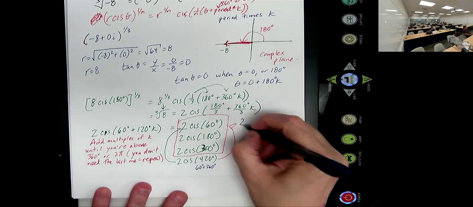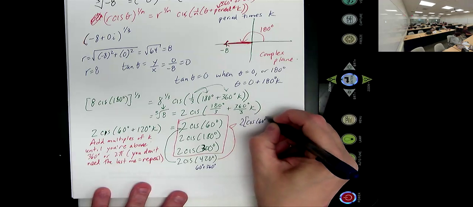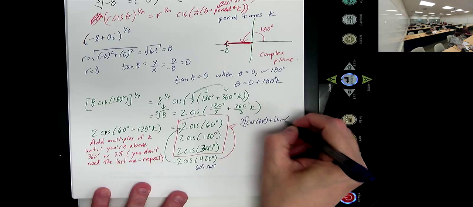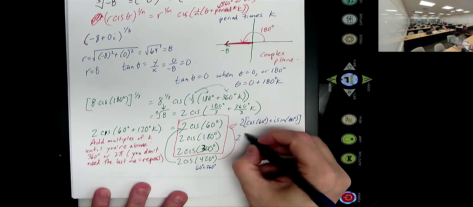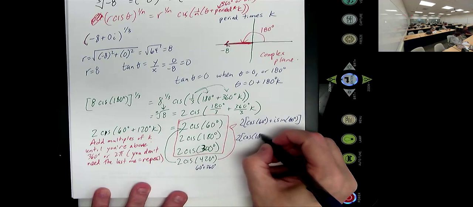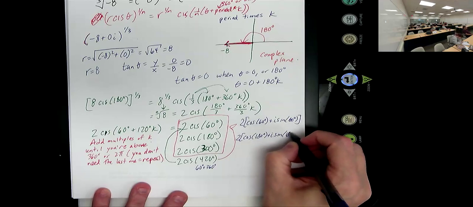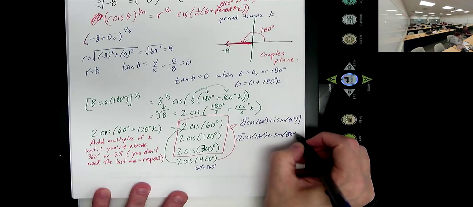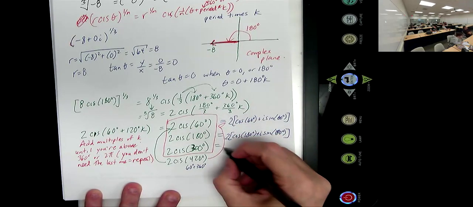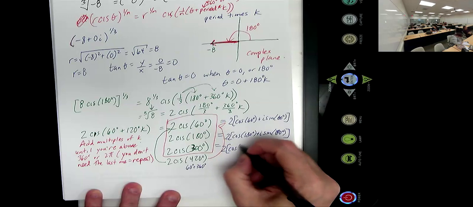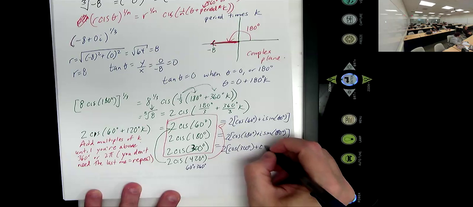So I'm going to write this expanded out a little bit. Cosine of 60 degrees plus i sine of 60 degrees, and this is going to be on each of them: cosine 180 plus i sine 180, and then cosine 300 plus i sine 300.